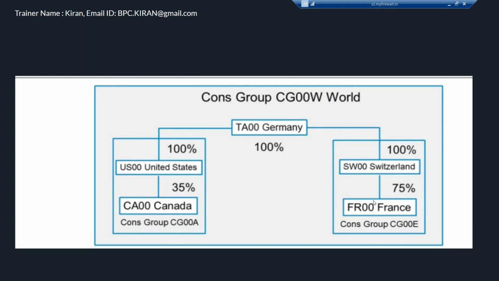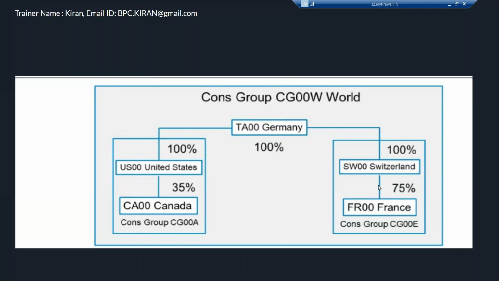That's okay for sales reports or expenses reports, individual salaries reports. But when it comes to consolidation, we have to consider entire financial statements. So for all these financial statements, Germany, United States, Switzerland, France, we need to consider 100%.